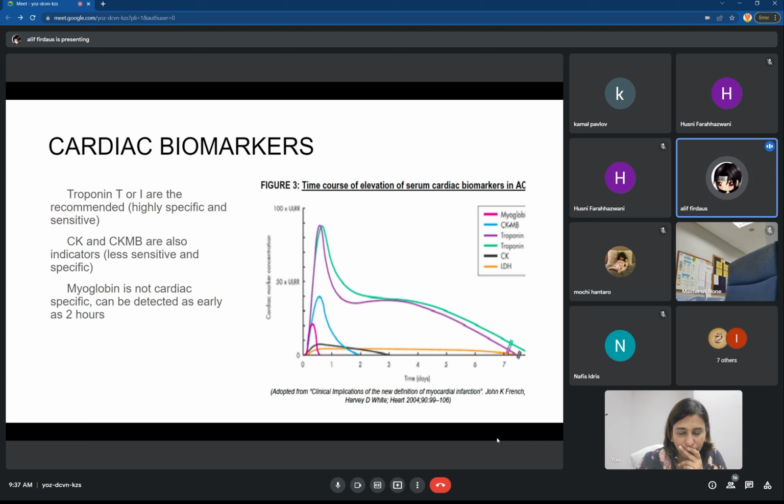We usually send CK and troponin I. But troponin I or troponin T are the recommended biomarkers to send as they are highly specific and sensitive compared to creatine kinase. And myoglobin and LDH are usually not very specific.